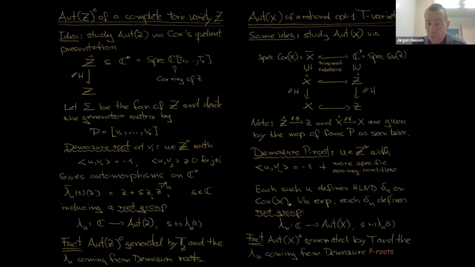The unit component of the automorphism group of our T-variety of complexity 1 is generated by the acting torus T and the root groups coming from the Demazure P-roots. So it's a full analogy, this statement. This is what we will use for the computation of the automorphism group of the C-star surface, which is a particular example of a T-variety of complexity 1.